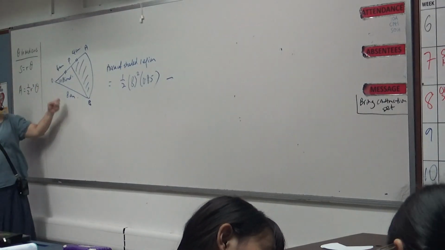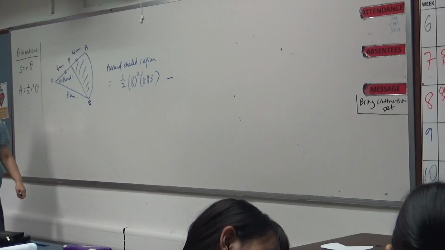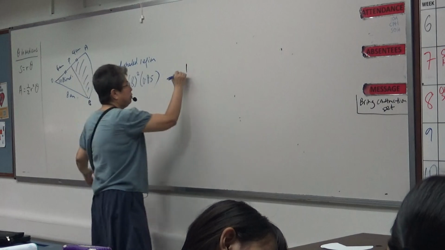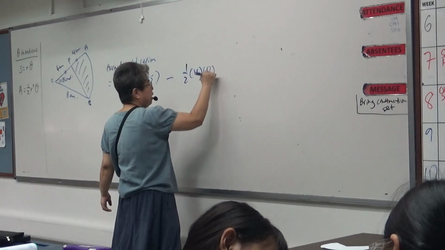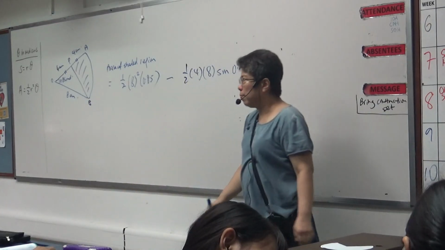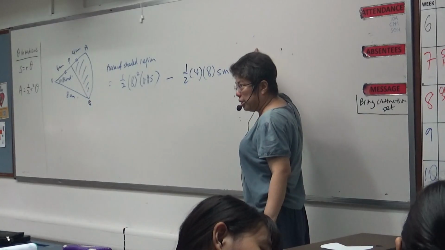It's half AB sine C, right? Even if the angle is in radians, I can still use half AB sine C. But you must make sure your calculator is in the radian mode. Is that clear? Minus half 4 times 8 sine 0.85. Now, this one you put 0.85 with no degrees.